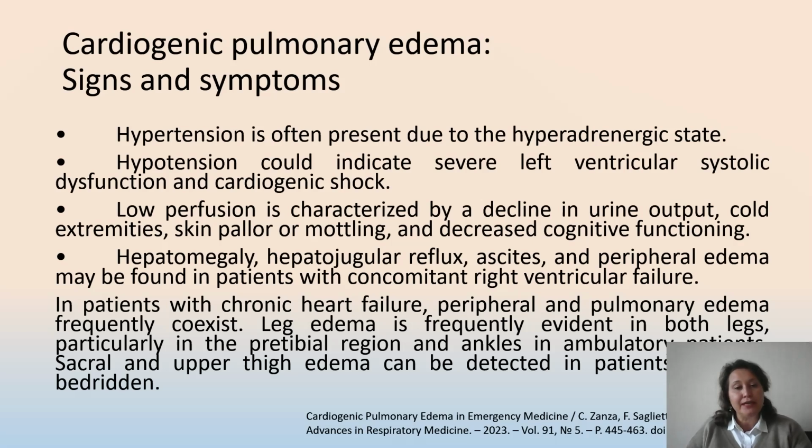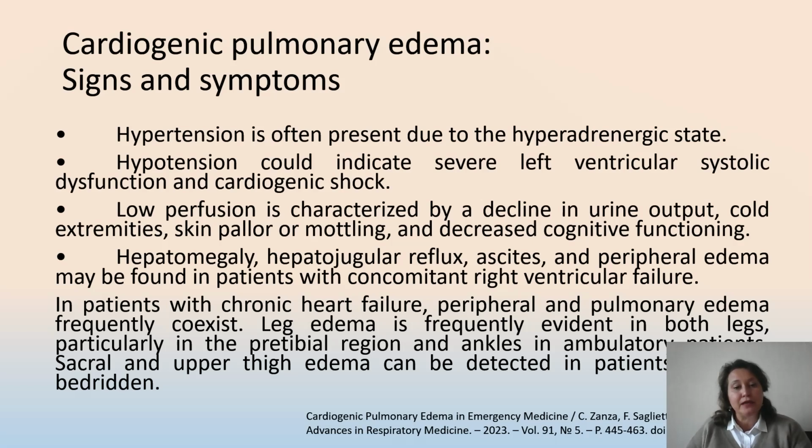Low perfusion is characterized by decline in urine output, cold extremities, skin pallor or mottling, and decreased cognitive function. Hepatomegaly, hepatojugular reflux, ascites, peripheral edema may be found in patients with concomitant right ventricular failure and congestive heart failure.